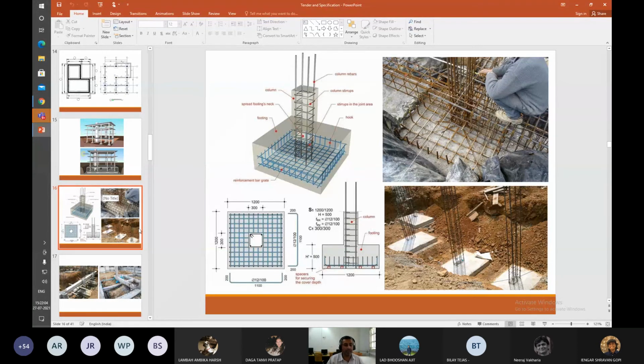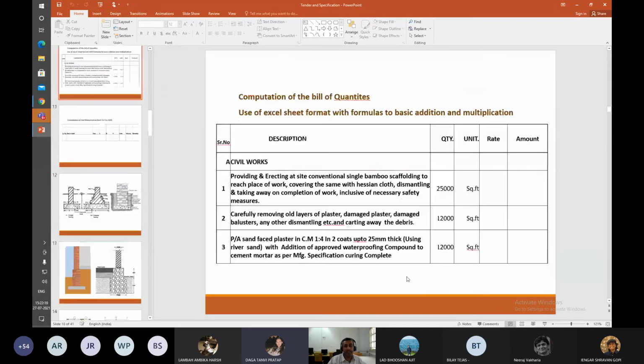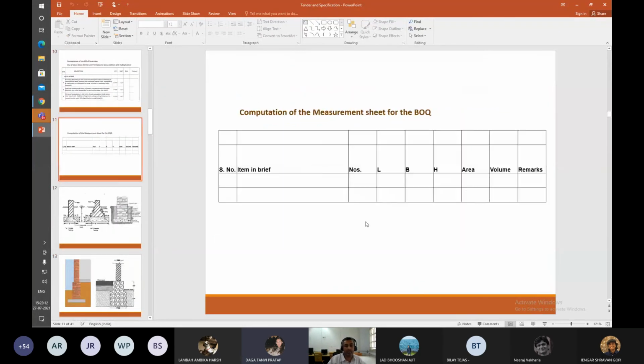Yes, Tanvi, go ahead. So in the measurement sheet, what will we see here? How many columns? All those columns of the same size will be put here in numbers. The length of the column, the width of the column, the height of the column. So that's the cross section.